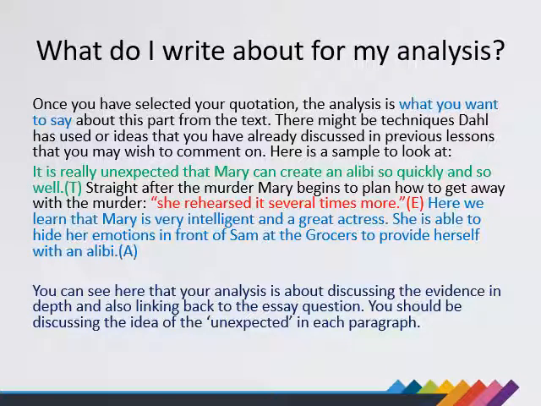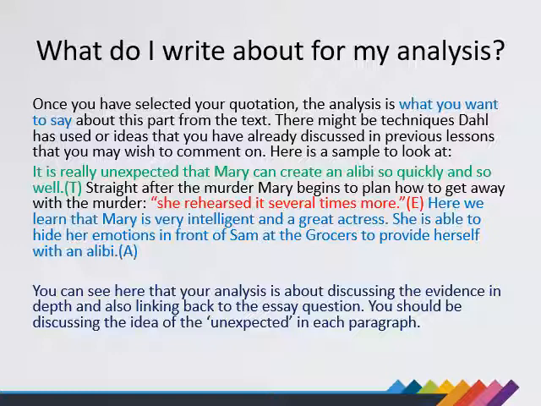So now you've chosen your topic sentence and selected the quotation you're going to use for your evidence. The third part is to think about what you will write about for your analysis. Once you've selected your quotation, the analysis is what you want to say about this part you've selected from the text.